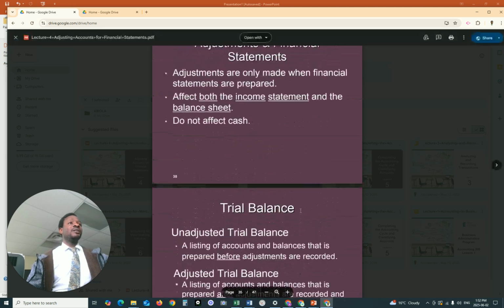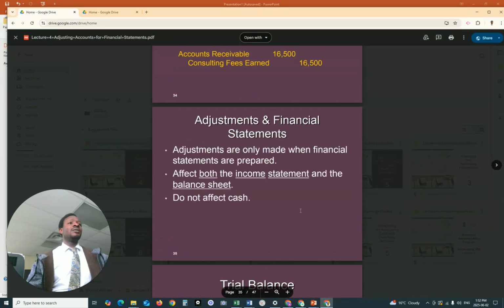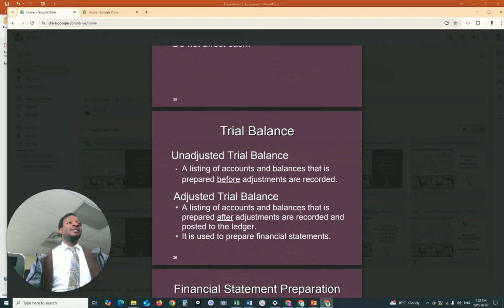Unadjusted, okay. So trial balance. There was a previous episode. One of the previous episodes has already been released for trial balance. You may look through it for reference. So unadjusted trial balance is a listing of accounts and balances that is prepared before adjustments are recorded.